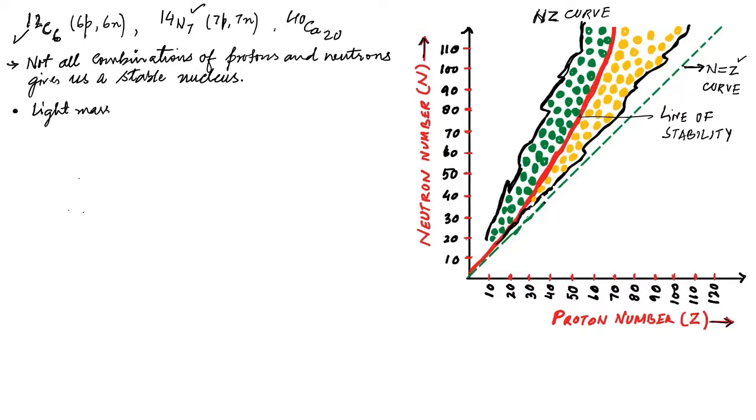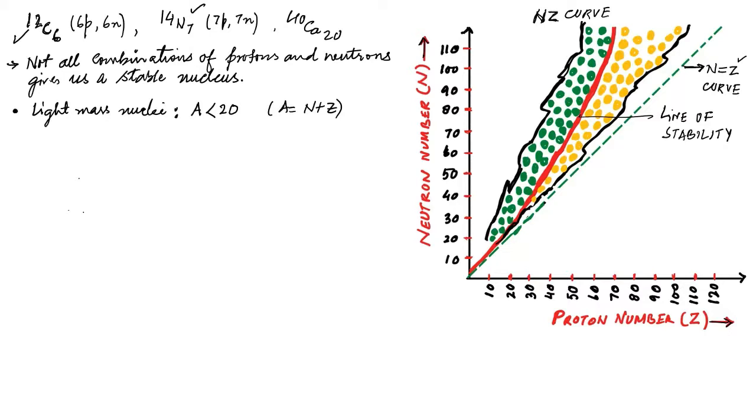when I say light mass nuclei, I mean that A is less than 20, where A is the number of neutrons plus the number of protons.